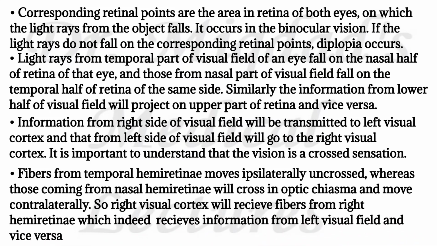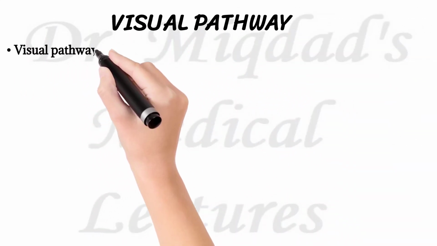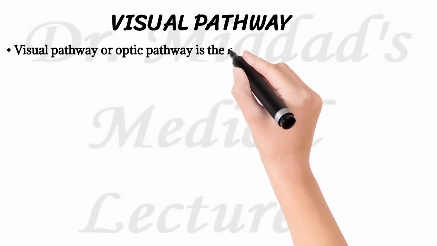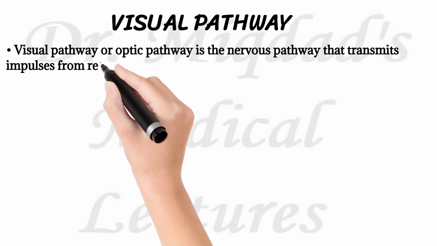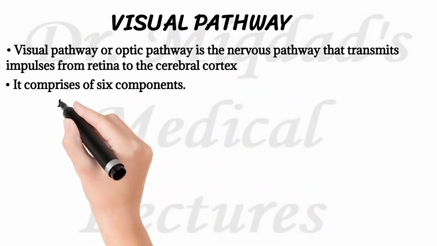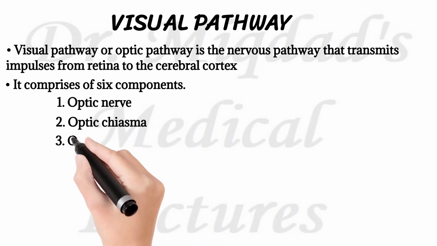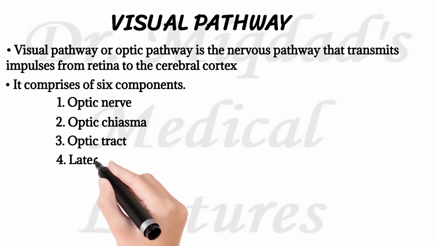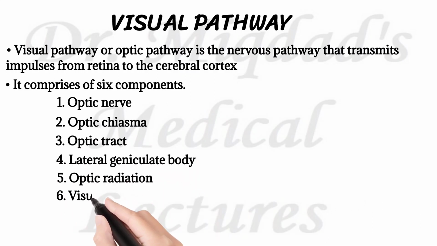Now let's come to the visual pathway. So the visual pathway or optic pathway is the nervous pathway that transmits impulses from the retina to the cerebral cortex. It comprises 6 components. They are the optic nerve, optic chiasma, optic tract, lateral geniculate body, optic radiation, and visual cortex.